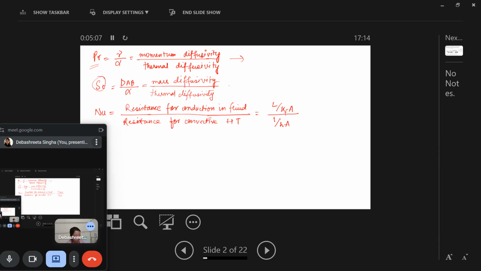So this has the same formula as the Biot number also, but there is a difference: in the Biot number, the conduction takes place in the solid, whereas if you want to measure in fluid, it is the Nusselt number.